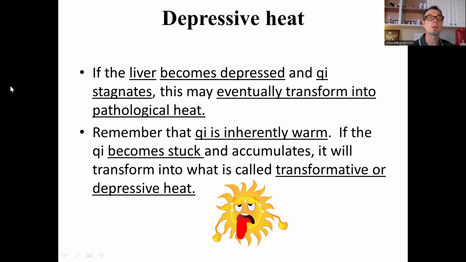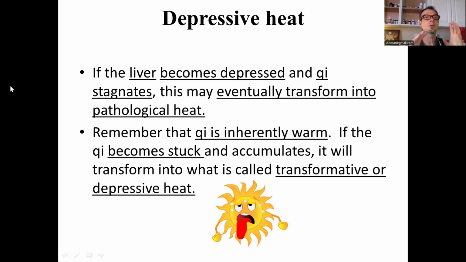If they're frustrated, or have anything else that gunks the liver up, the liver gets a little funky, it gets angry, the chi starts to stagnate, and then eventually it transforms into pathological heat.